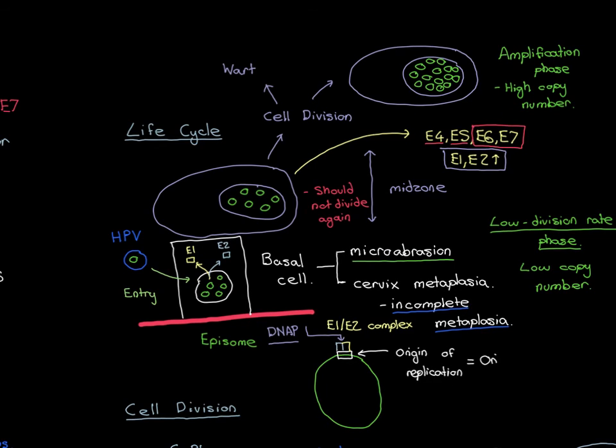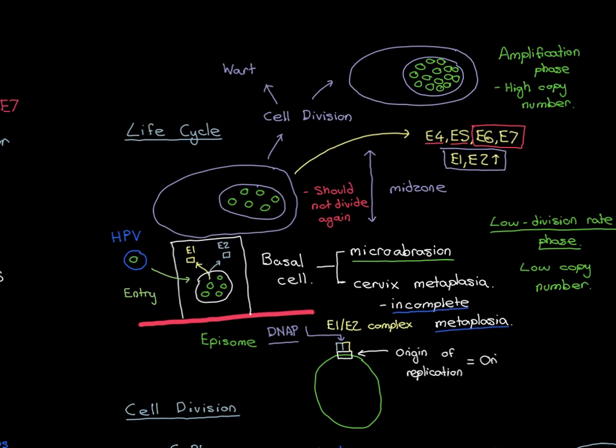So this only happens once you're in the midzone. So all HPV types produce an E7 protein, and in all those different HPV types, E7 does the same thing. It binds to the retinoblastoma protein and causes it to cleave off the E2F-DP complexes, and therefore you get activation of the S-phase genes.